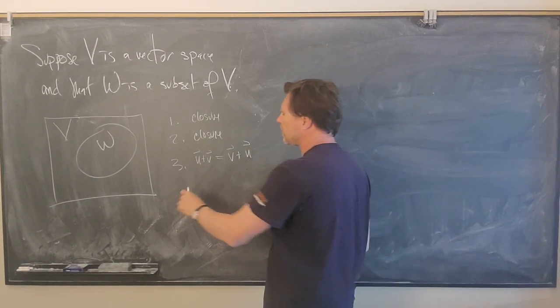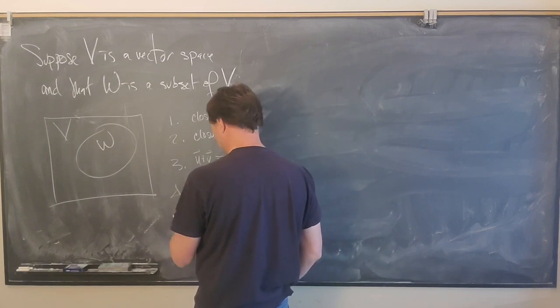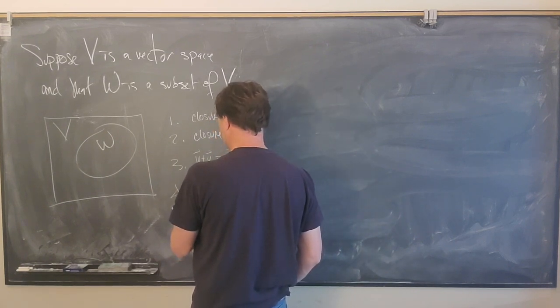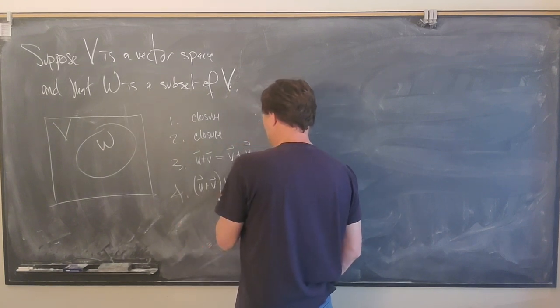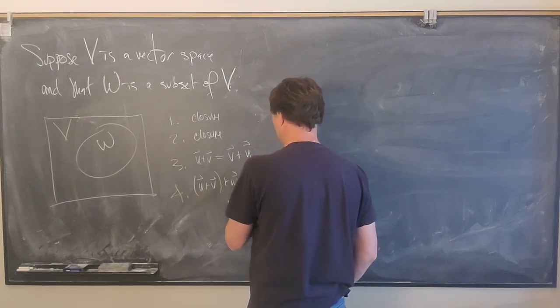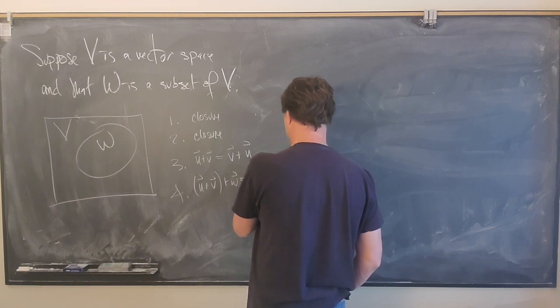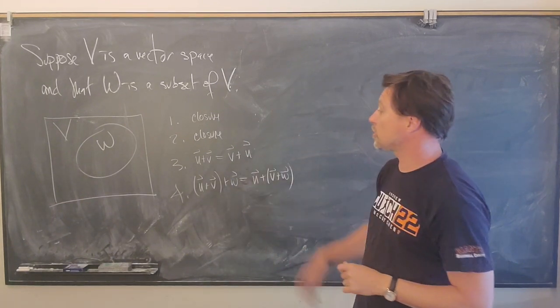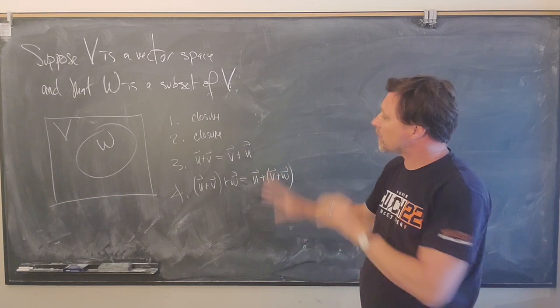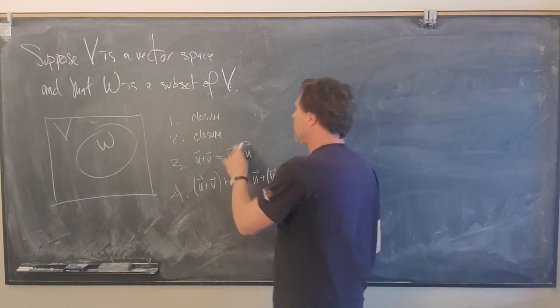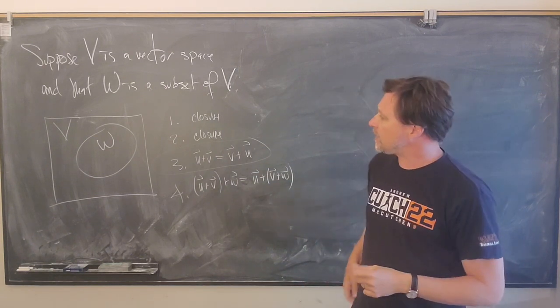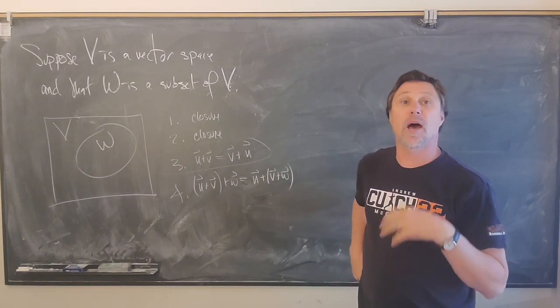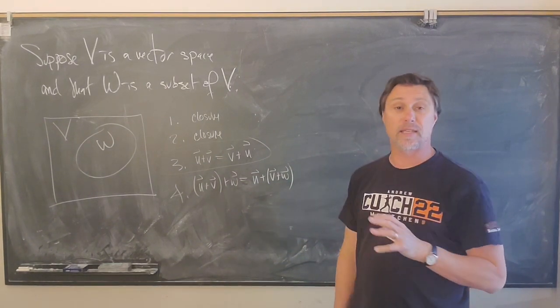Now, there was property 4. I'm not going to write them all down, but let's write one more. U plus V plus W equals U plus parentheses V plus W. Right, that was our associative property. Now, if you think about some of these properties, for example, axiom 3, it is automatically satisfied by all the vectors inside W, right?